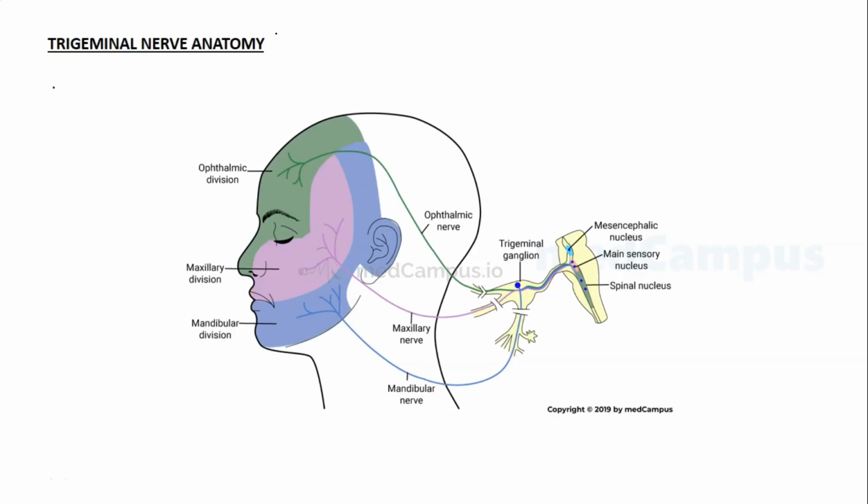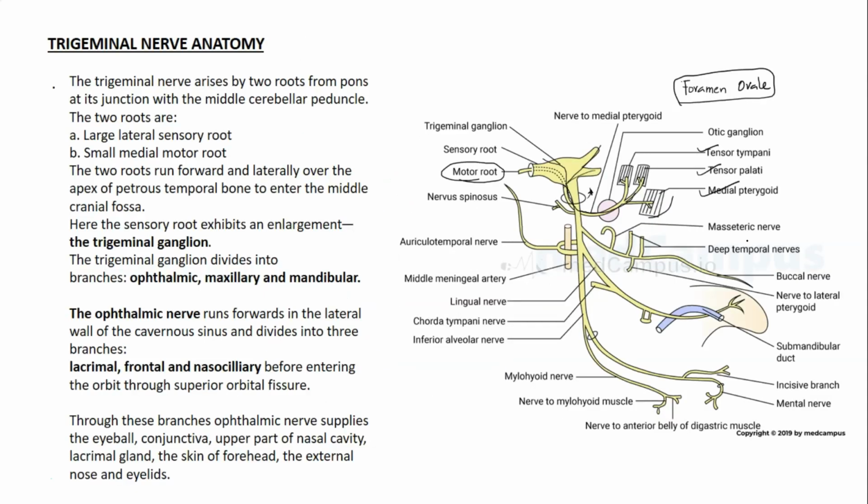The distribution part, we did discuss the motor part. The sensory distribution is also here. As you can see, it goes through the masseteric nerve and deep temporal nerves. It gives rise to the buccal nerve, the nerve to lateral pterygoid, and the lingual nerve. It also gives rise to the auriculotemporal nerve.